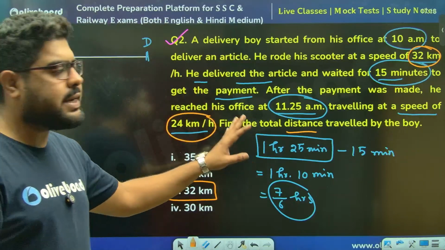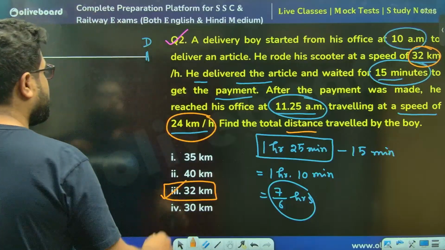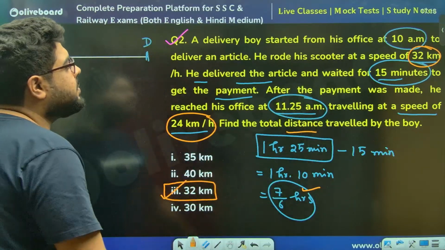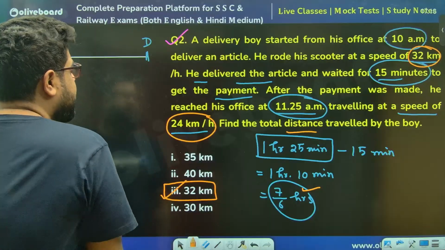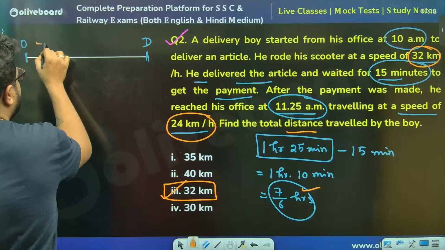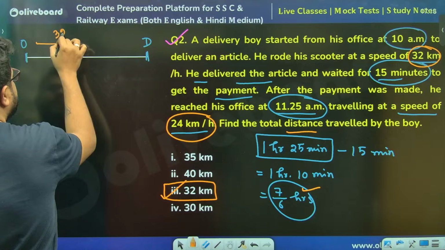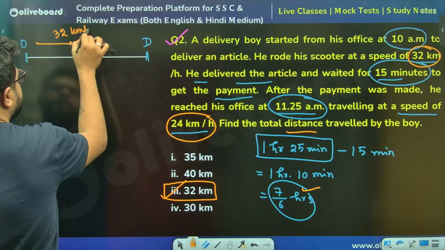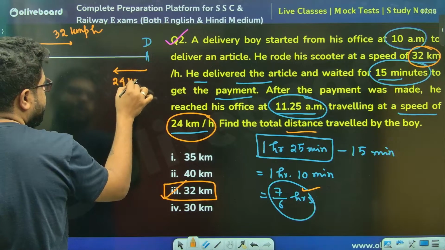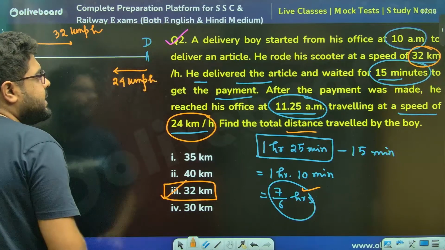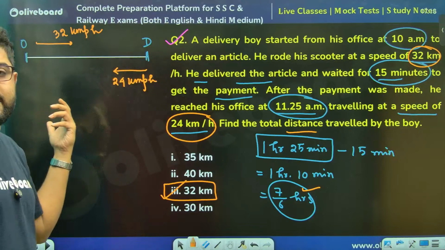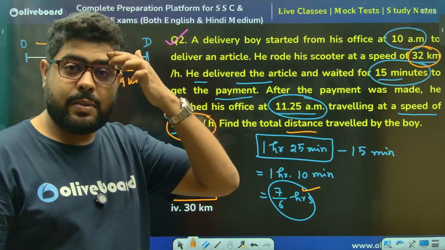This situation is clear. Now we also know our total time. Let's calculate once. I need the distance. He has gone in this direction at this speed, whereas he has returned with this speed. The distance traveled in this direction and the opposite one are both the same.